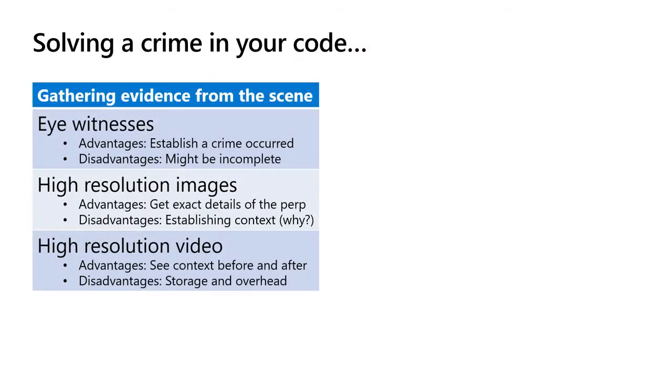So, solving a crime in your code. If we were doing this as a normal fact-gathering exercise, we would look for eyewitnesses. But they are notoriously unreliable, we know that. We would prefer, however, to have pictures taken, maybe high-def pictures. And even better than that, we would like to get the full context of the issue if somebody had a high-definition video of the entire scenario, right?